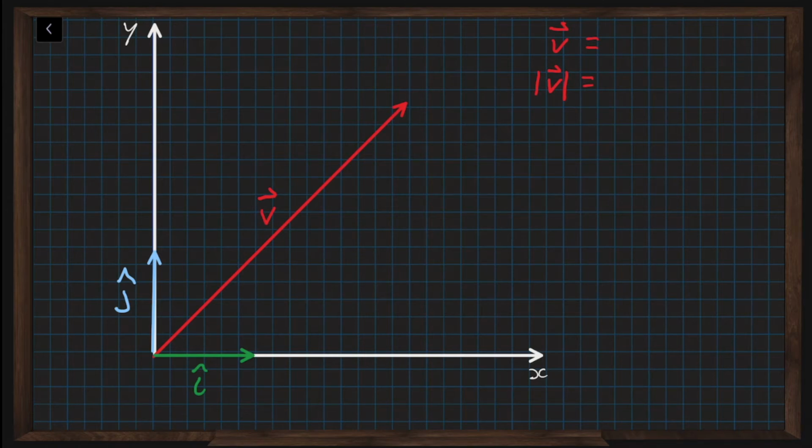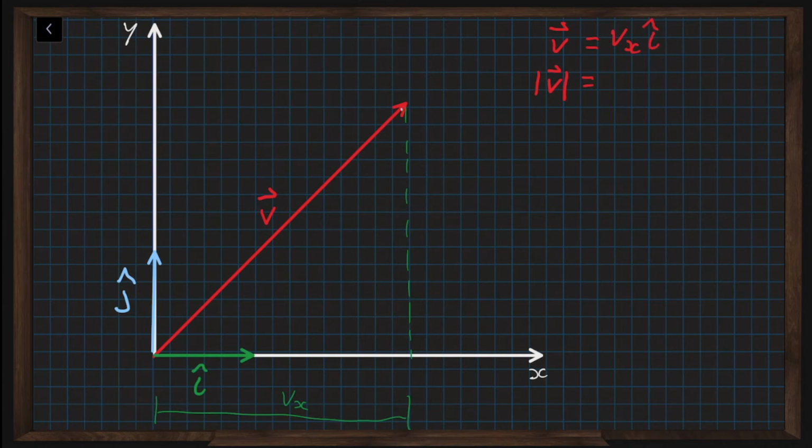Okay, so how do we express those vectors in terms of these unit vectors? Well, we can drop a line down from the tip of our vector down to the x-axis. And we know that this is some distance along the x-axis. And we will call this Vx, or the x component of the vector. Now, given that our unit vector i has a length of 1, we can express the x component, or how much we are moving along x in our vector, as Vx multiplied by i hat.